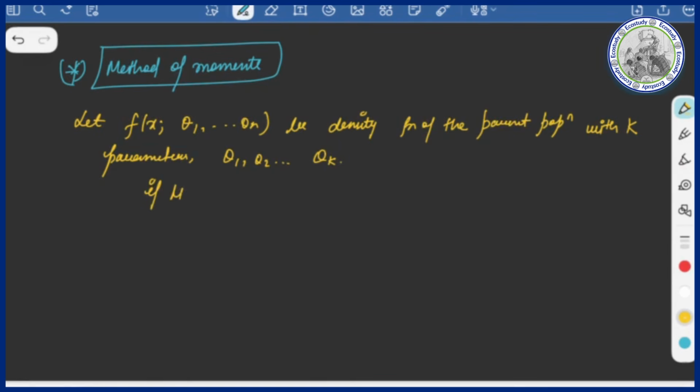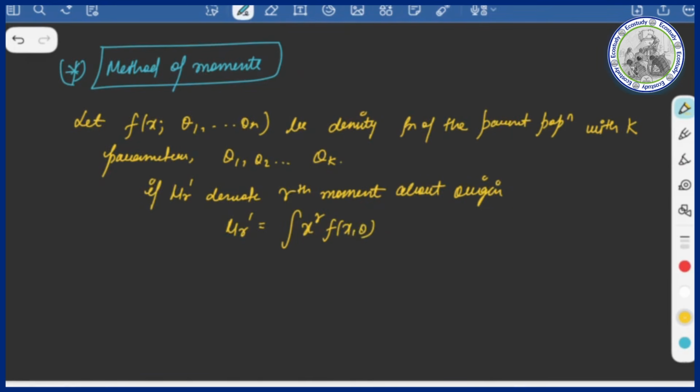Okay, and if mu r dash denotes the rth moment about the origin, then mu r dash is the integral of x to the power r f(x; theta) dx.